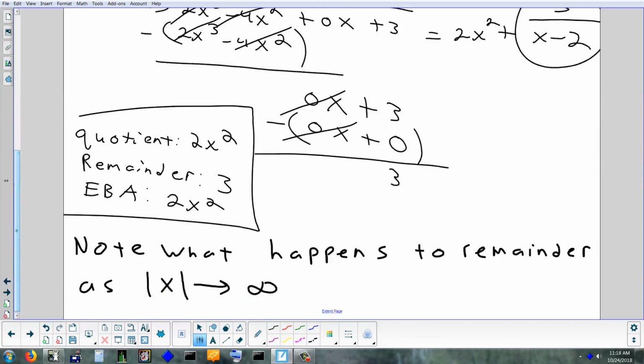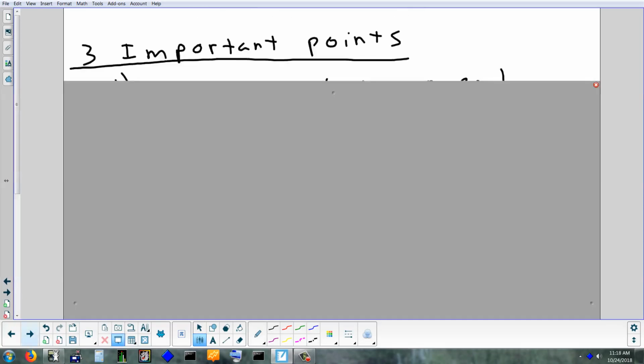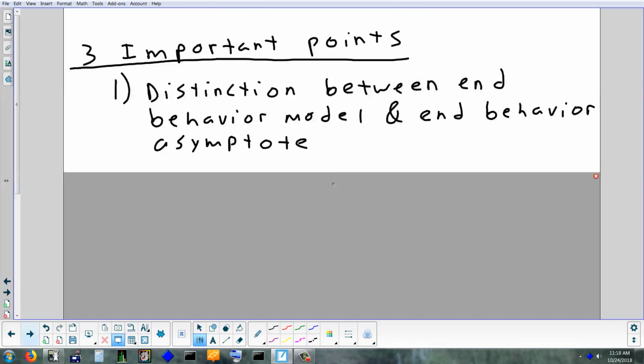So what happens to the remainder as x approaches infinity? The remainder approaches 0. That remainder part gets closer and closer to 0. All right, so three kind of important things to keep in mind. There's a difference between the EBM and the EBA.